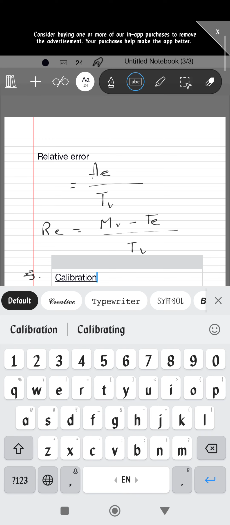Calibration is basically an adjustment or a set of adjustments made on a sensor or a device to make that device functional and error free.